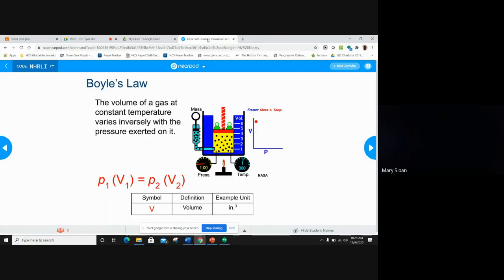Okay, so our formula is P1 V1 equals P2 V2. What are we looking for? V2. So to do that, you divide both sides by P2. That cancels that out, and now we have changed the formula.